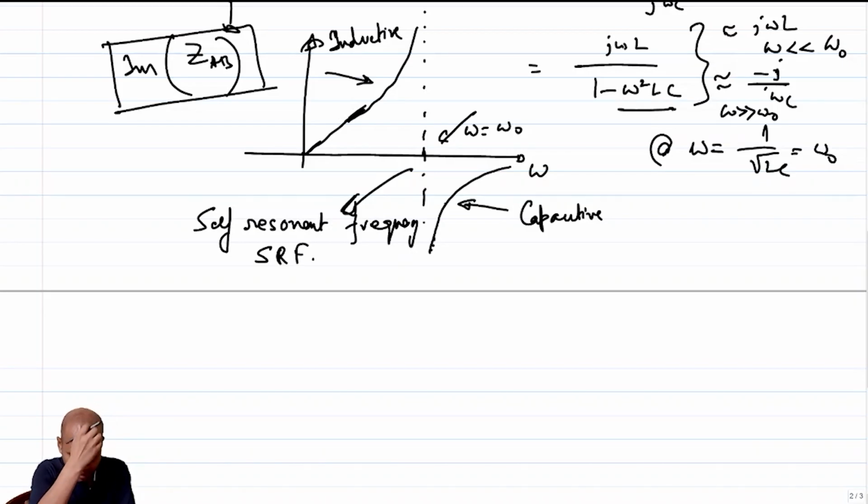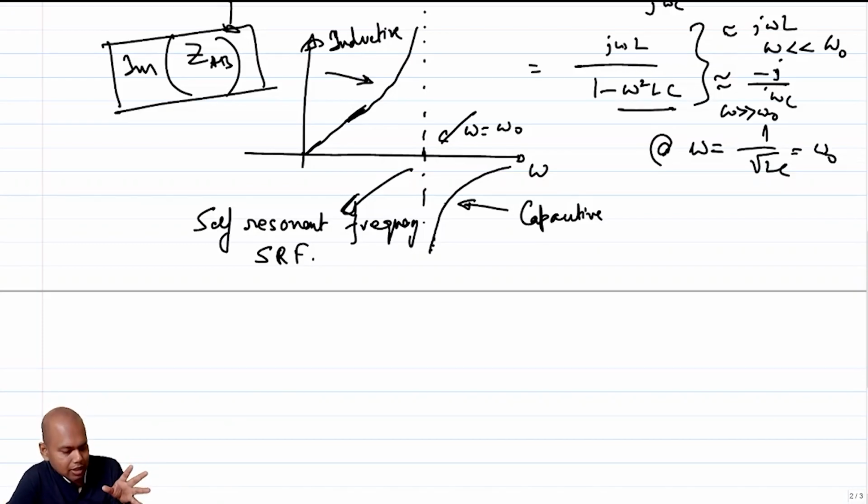If you see data sheets, many data sheets are going to quote this number, SRF, for any inductor that you see. Even if you see an off-chip inductor, a discrete component, you are going to see the terminology, and the SRF is 1 gigahertz or 500 megahertz or 10 gigahertz or whatever.